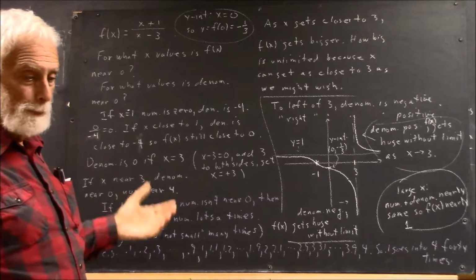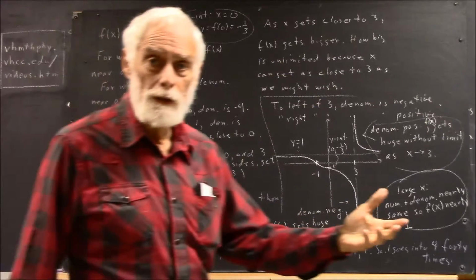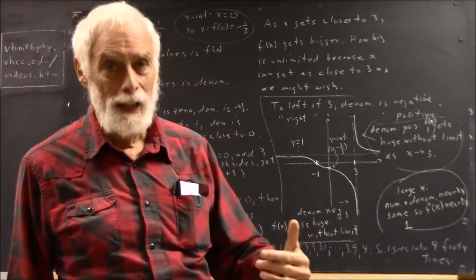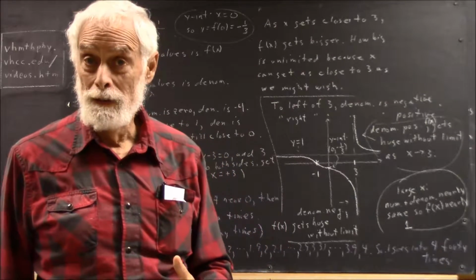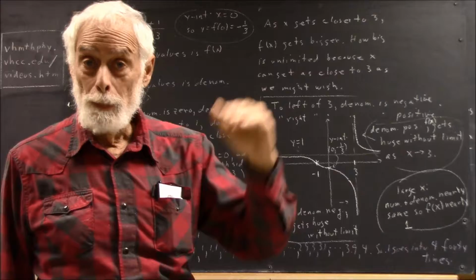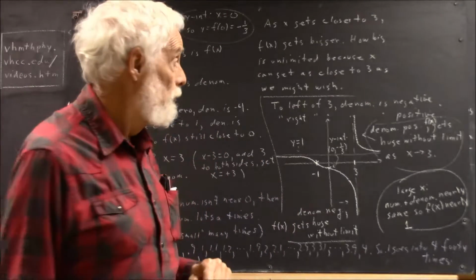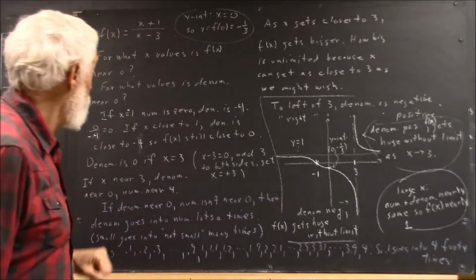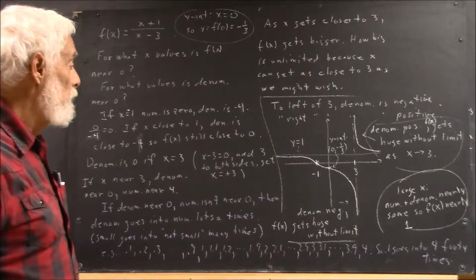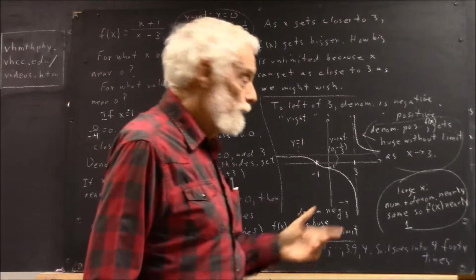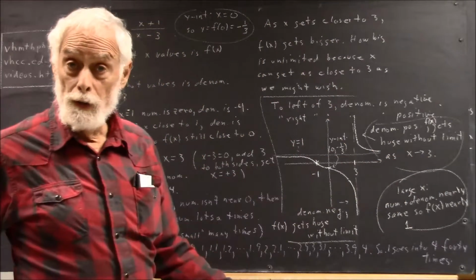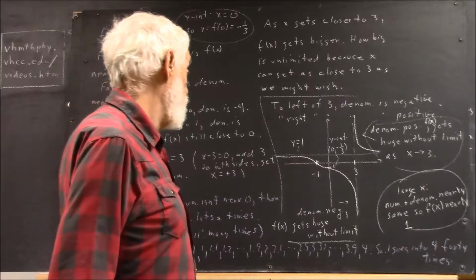If you want to make it more plausible, how about 1,000,001 versus 999,997? It's only a difference of 4 out of 1,000,000. Those numbers are practically equal. When you divide them, you get something very, very close to 1. Okay, so the bigger x gets, whether positive or negative, the closer the quotient is going to get to 1.